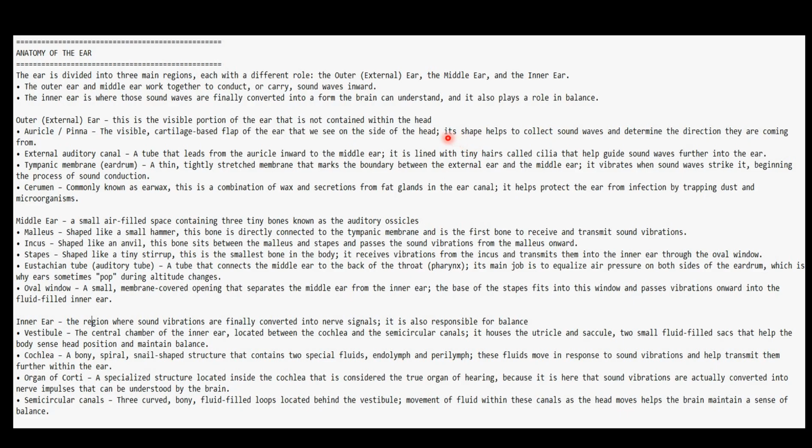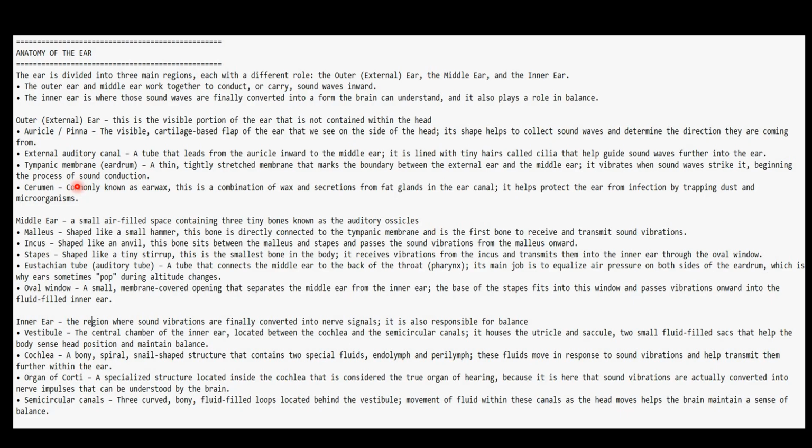That flap's shape helps to collect the sound waves and determine the direction they are coming from. So basically the shape of the ear is mainly to help collect sounds from the environment and then process them further. It is known as the auricle or pinna.